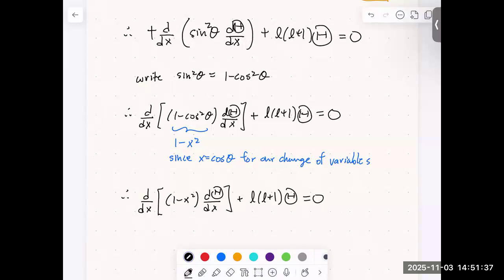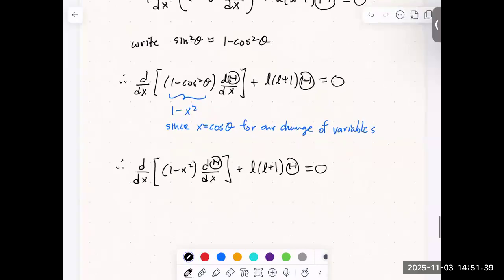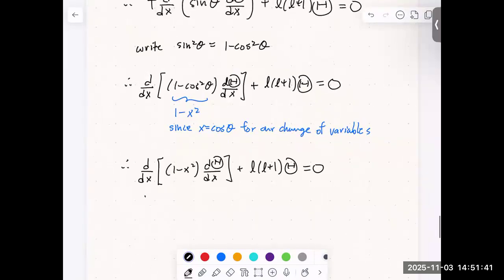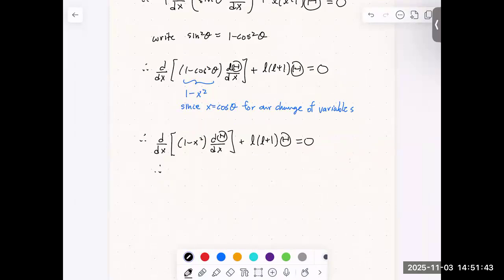So we get, therefore, minus 2x d theta dx plus 1 minus x squared d2 theta dx2 plus L plus 1 times theta is equal to 0.